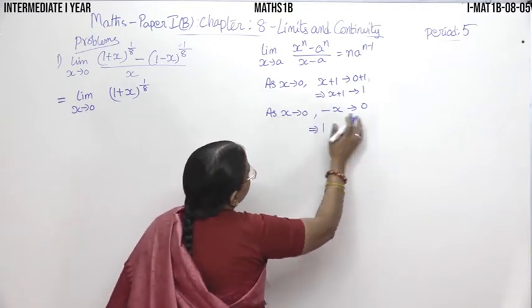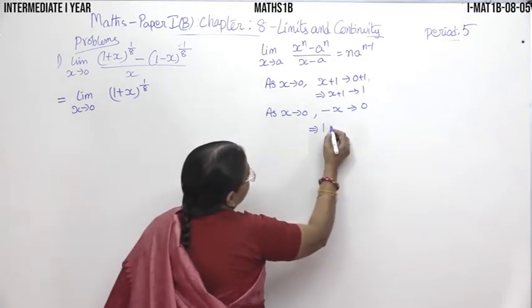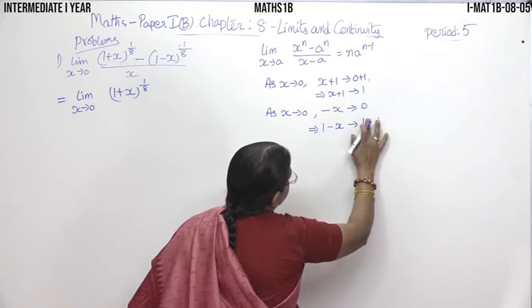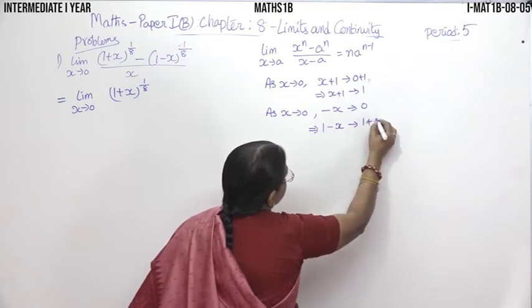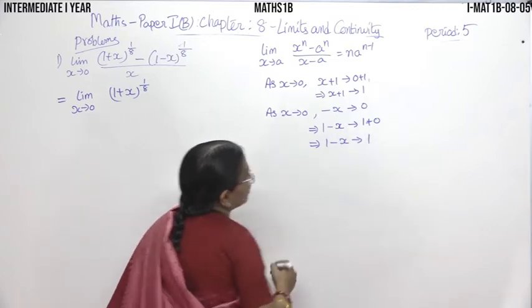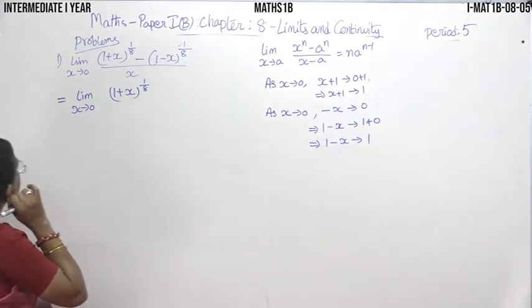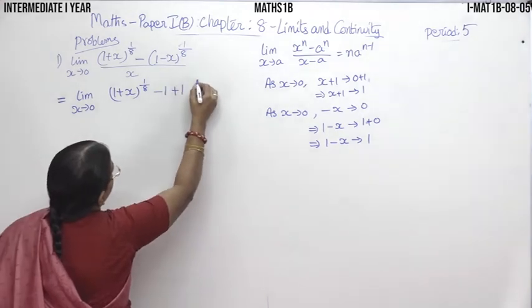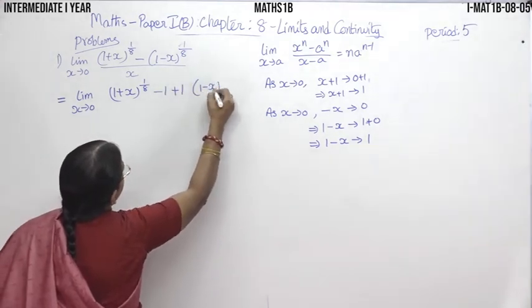Now add 1 on both sides because you have 1 minus x. 1 minus x tends to 1 plus 0, that is 1. So 1 minus x tends to 1. We need those two now, so we'll subtract 1 and add 1 so that we reduce it to the standard form.